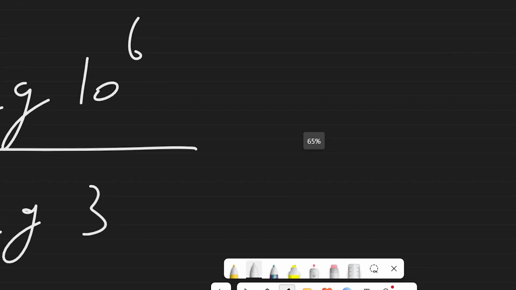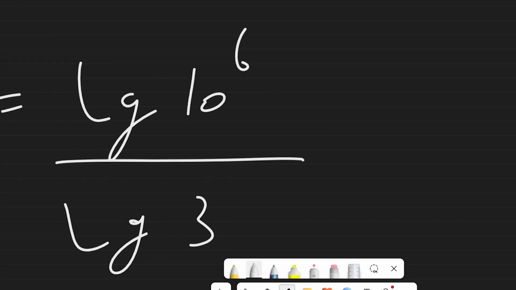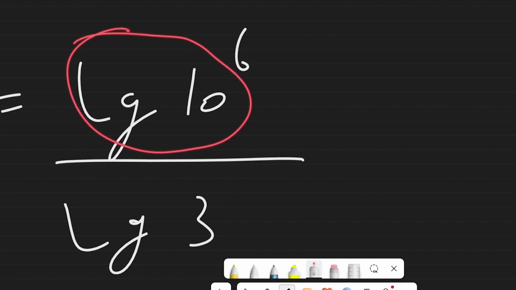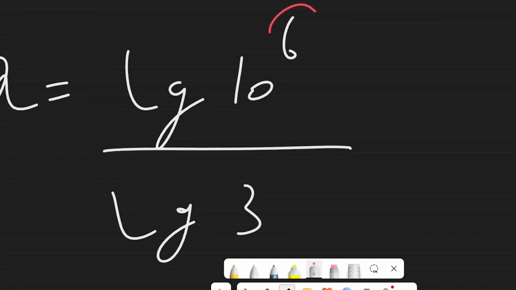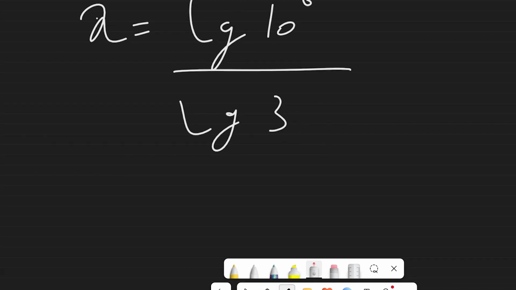Since I have taken lg, that means log of base 10, and log base 10 of 10 is 1. So I can bring the 6 down, and 6 multiplied by 1 is 6. So x is equal to 6 over lg 3.